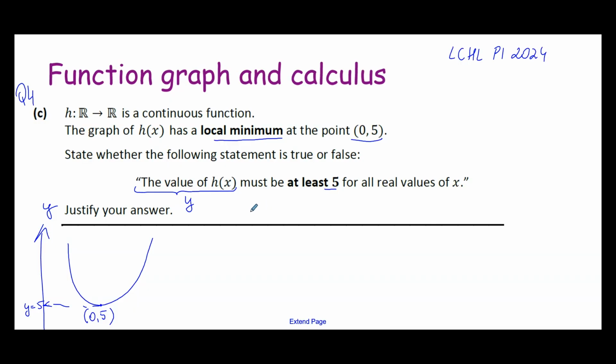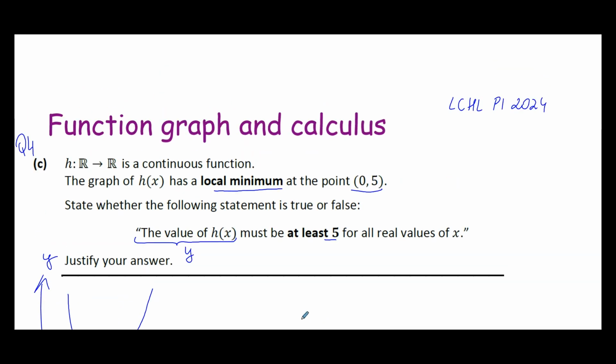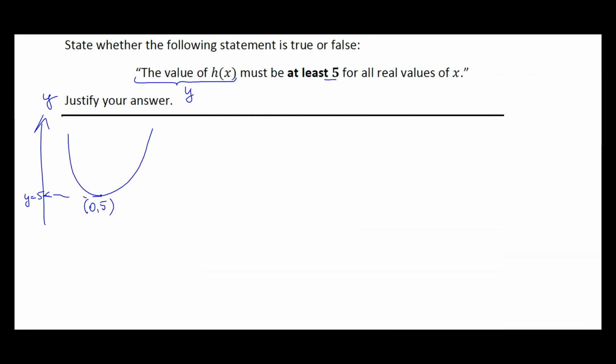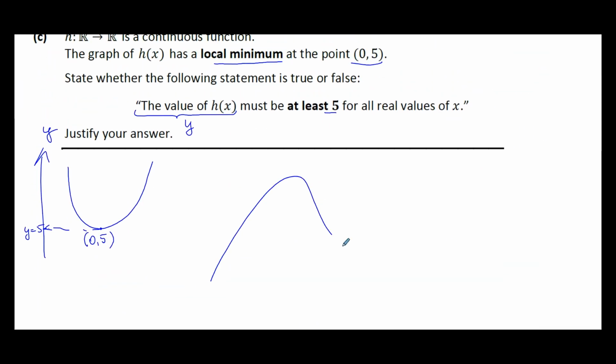Now let's consider a cubic function. If I am considering a cubic function, the local minimum is the one here, (0, 5). So again, let's say somewhere here I have my y-axis. No, that's not where the x should be.